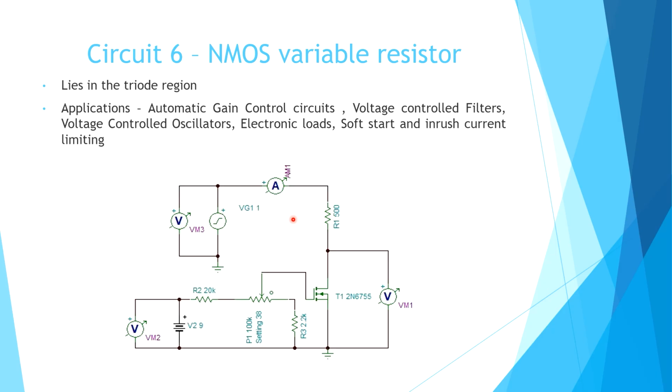So at the starting current, the resistance of the MOSFET can be made high by varying the gate voltage, and after that it can be slowly made to zero.